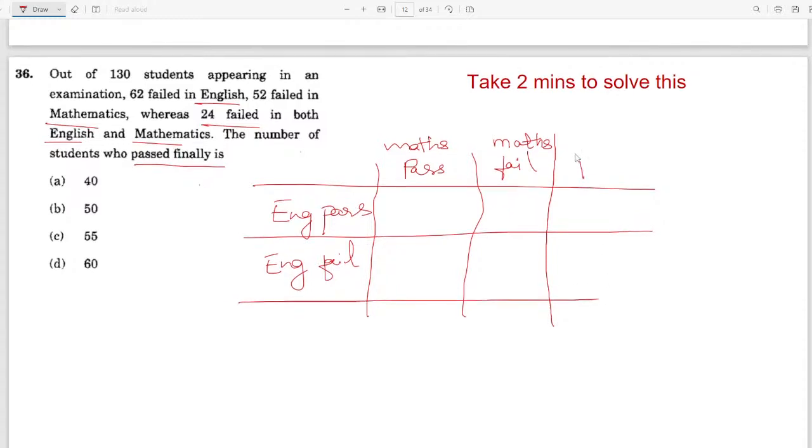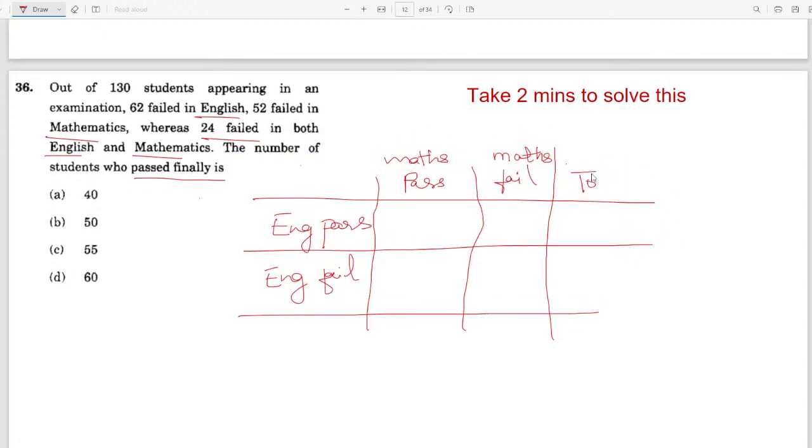This is total. There are total 130 students. I'll write 130 here.